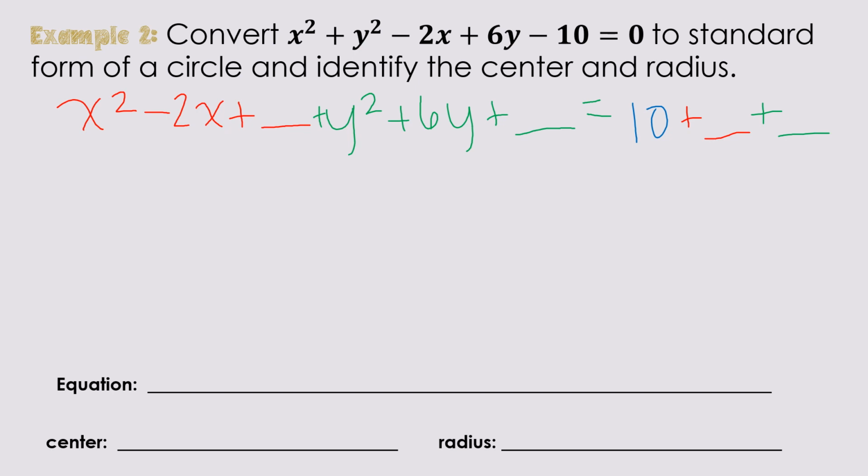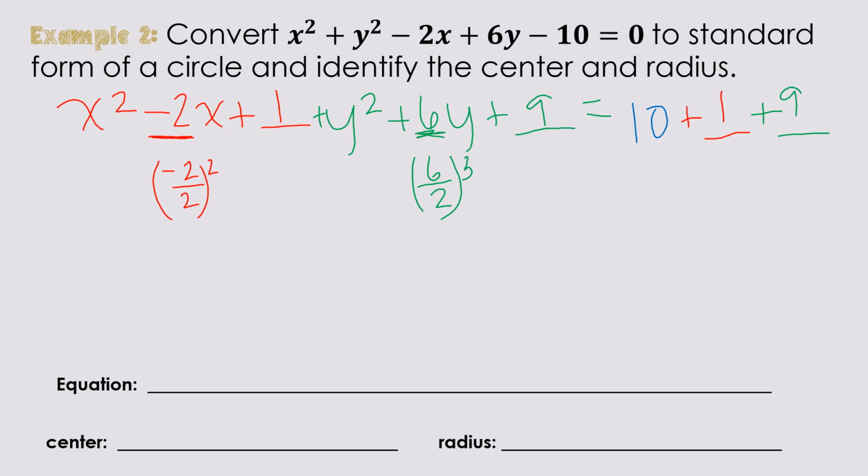To find the first number, we take the a value of negative 2, cut it in half, which is negative 1, and square it, which is positive 1. We do the same thing for the b value. Take 6, cut it in half, which is 3, and 3 squared is 9. Add it to both sides.